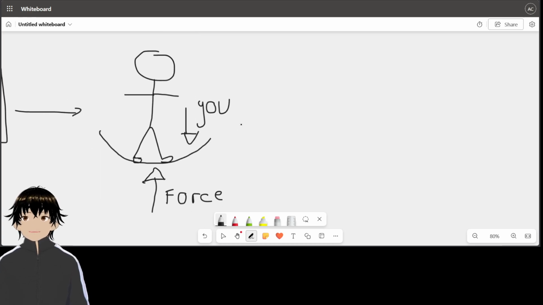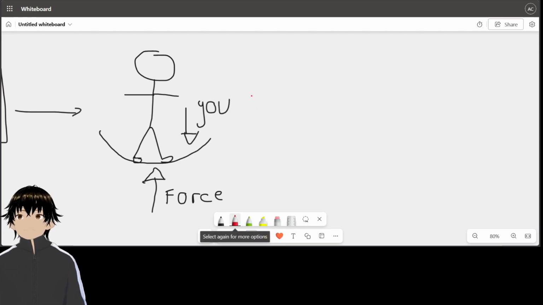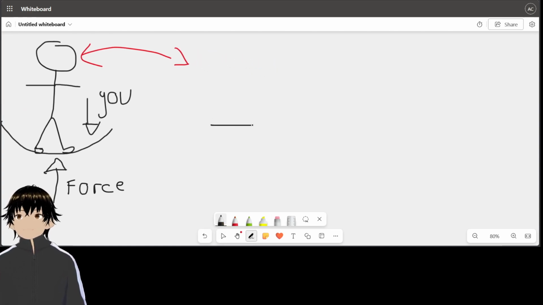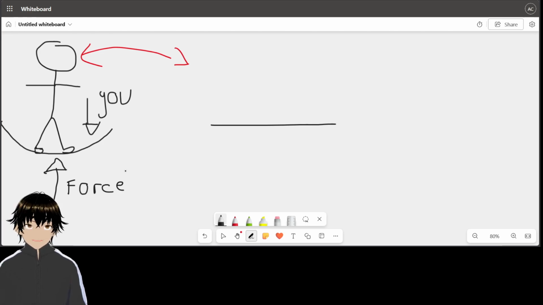And only when you remove yourself from the bouncy castle will the ground basically go back to normal, okay?